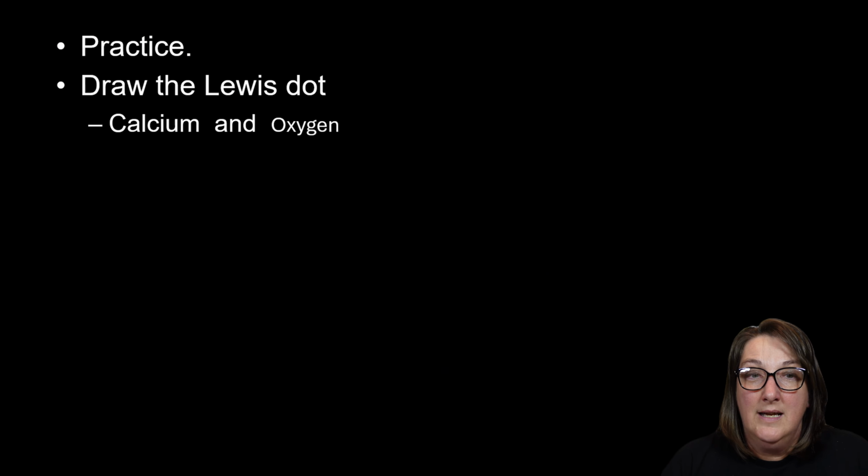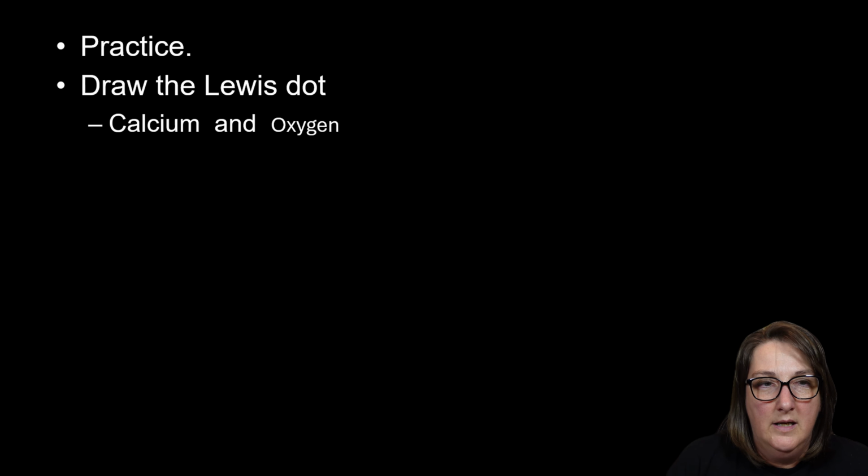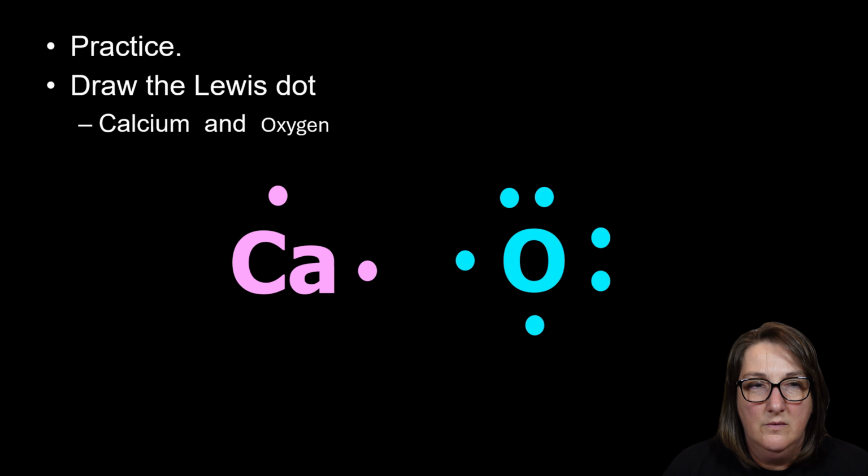Okay, so now let's look at calcium and oxygen. We're going to kind of draw out an ionic bond. So first thing we want to do is do our Lewis dots. So you find them on the periodic table and you figure out how many valence electrons they have. Calcium's in group 2, so it has 2. Oxygen is in group 6, so I have 6.